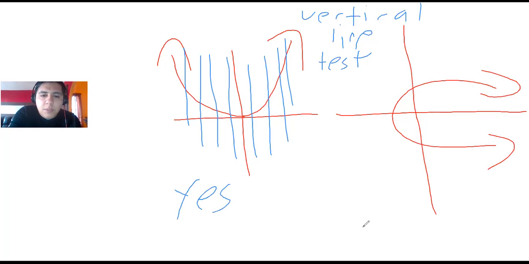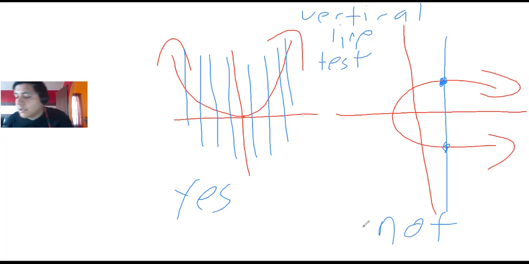So the first one would be a function. But then in the second one, if you notice, all we have to do is draw 1, and we touch 2 different points there. So this would not be a function. So it's very easy to see if a graph is a function or not just based on doing that, the vertical line test.